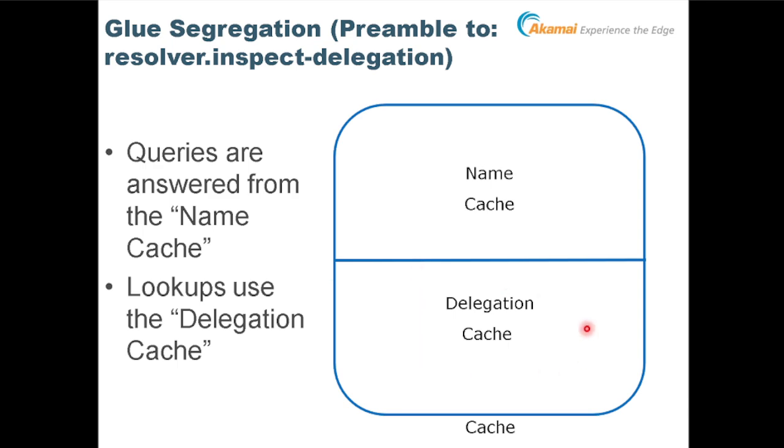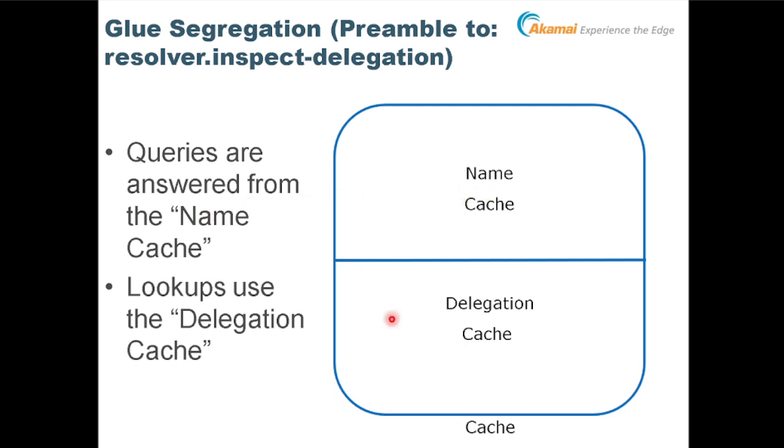It's all part of the overall cache, but there are in effect two caches, a name cache and a delegation cache. So queries, when you use dig and send a request in, the cache that is examined is the name cache. So answers only come out of the name cache.